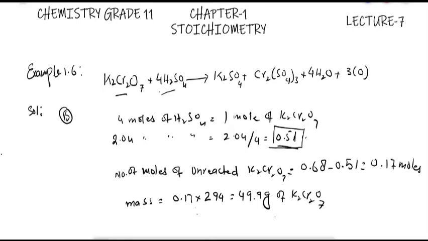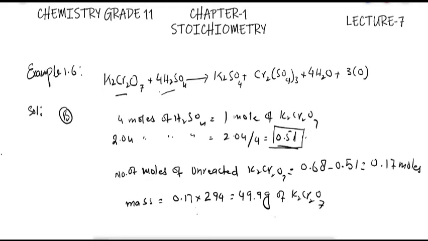So this is how you can apply the concept of limiting and non-limiting reactants in stoichiometry to calculate the amounts of reacted and unreacted reactants, or determine the amount of product that would be produced as a result.